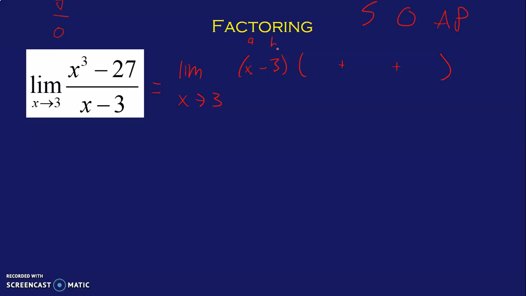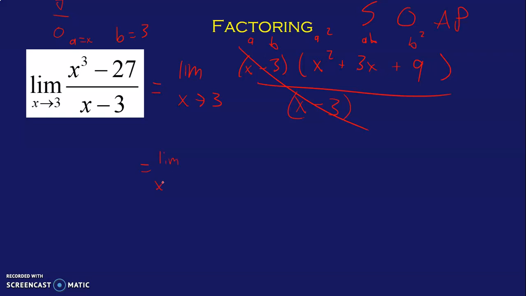Where in this case, my a is x and b is 3. Again, this is sum or difference of cubes if you don't remember this at all. So this would be x squared, a times b would be 3x, b squared would be 9, over x minus 3. Again, I'll be able to cancel out those x minus 3's.